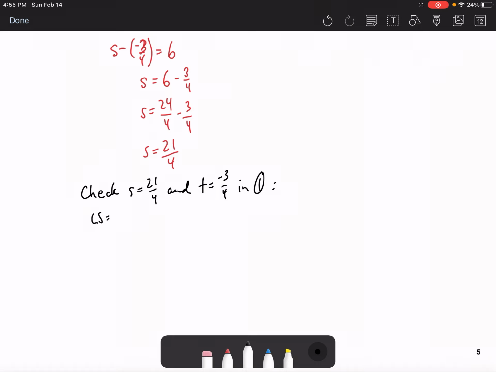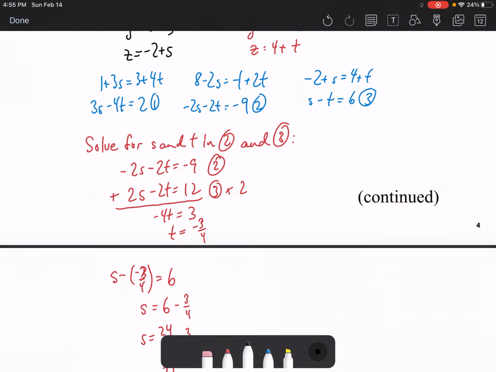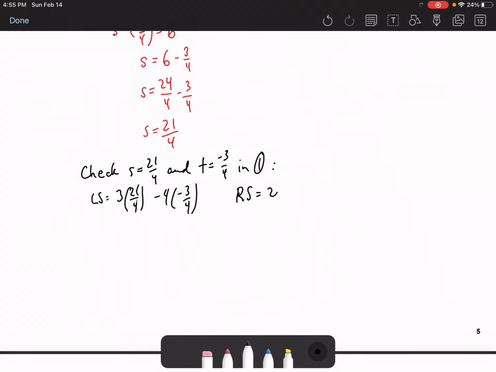So left side, 3 times that 21 over 4 minus 4 times the negative 3/4, and we want to see if that equals the right side, the value of, what was it, 2. So as you can see, 75 over 4 does not equal 2. Therefore, we have skew lines. No value of s and t work.